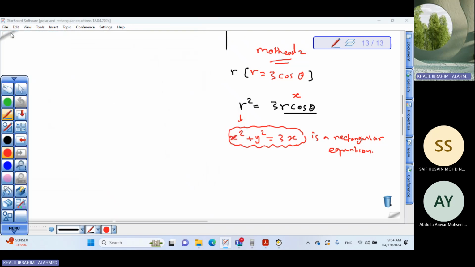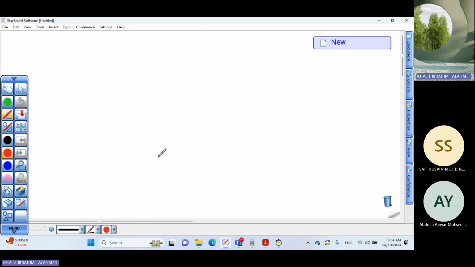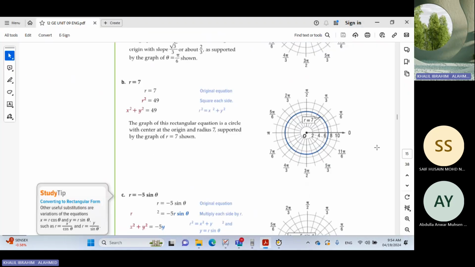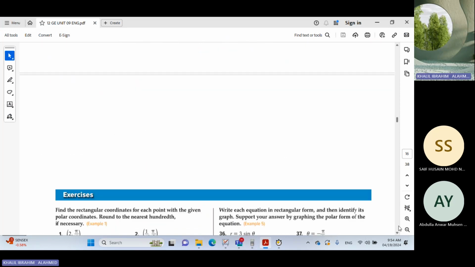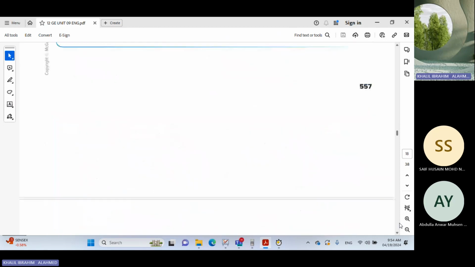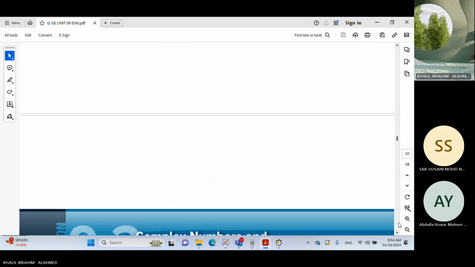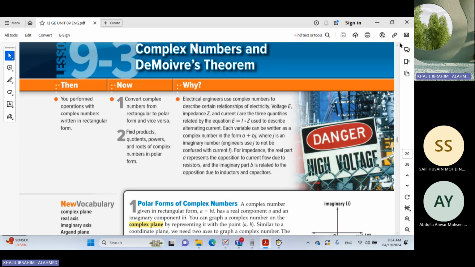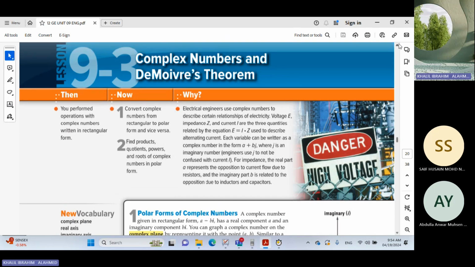Okay, open a new file. The lesson for today is complex numbers.